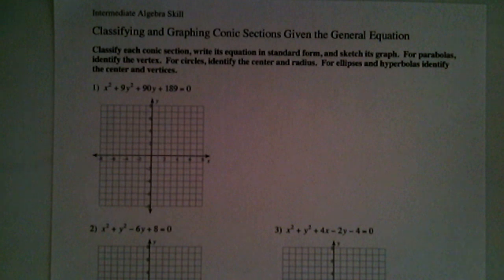For the parabola, identify the vertex. For circles, identify the center and radius. For ellipses and hyperbolas, identify the center and vertices. So for parabolas, you're doing the vertex. Now, I am going to do a short little review on parabolas. So if you want to leave the parabolas until I finish the next video, which I'll also post today, let me know.